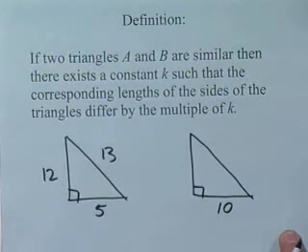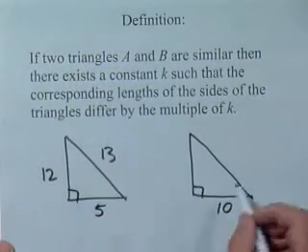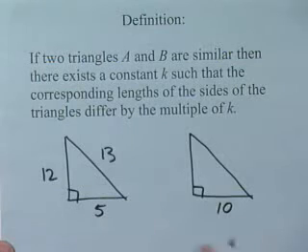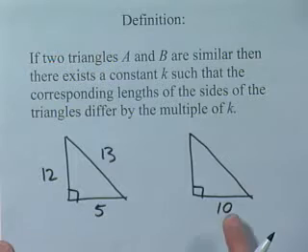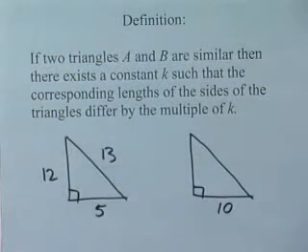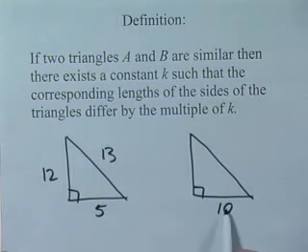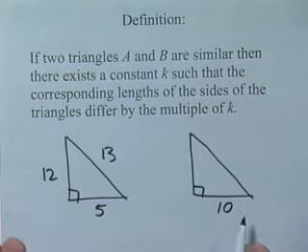Now, I know this isn't to scale, but I just want to show you something here real quick. Let's say that these two are similar triangles. Okay? That means the angles are all the same. Well, if this length is 5 and this one is 10, it says that there exists this constant K such that each corresponding side is a multiple of K. Okay?